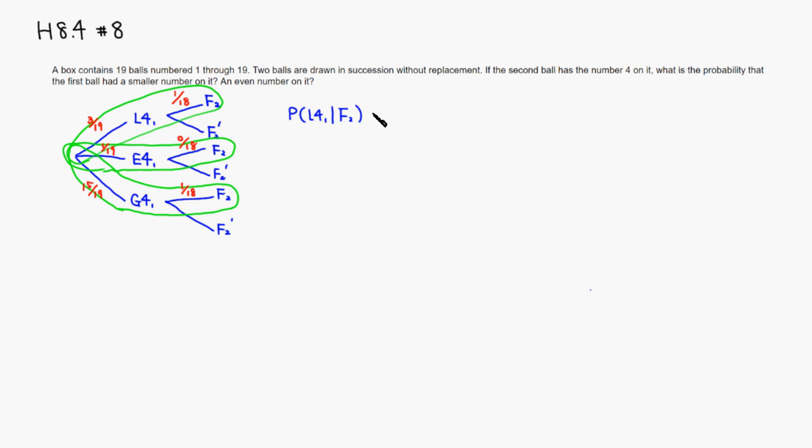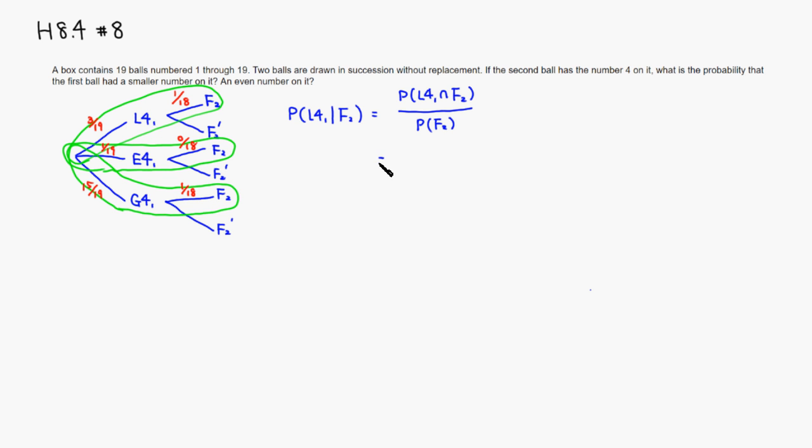This is the probability of L4 and F2, divided by the probability of F2.